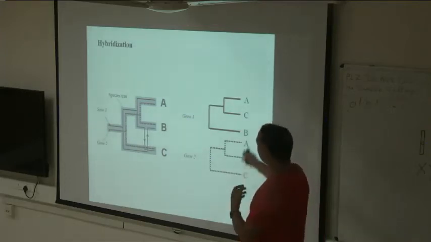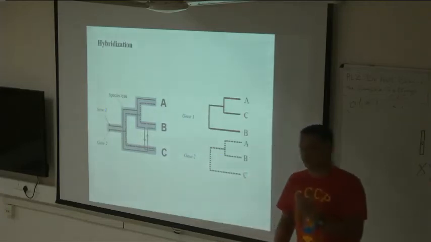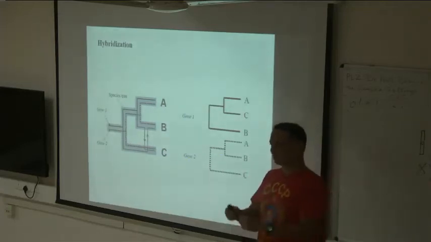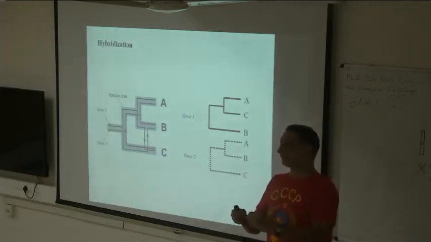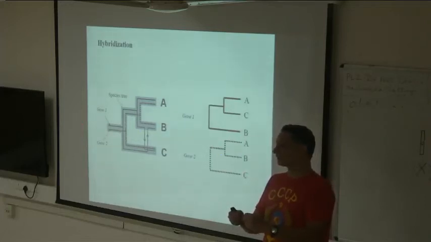But what if 2 nuclear genes give you different trees? This could be just because of deep coalescence, or it could also be hybridization. So how do you distinguish?